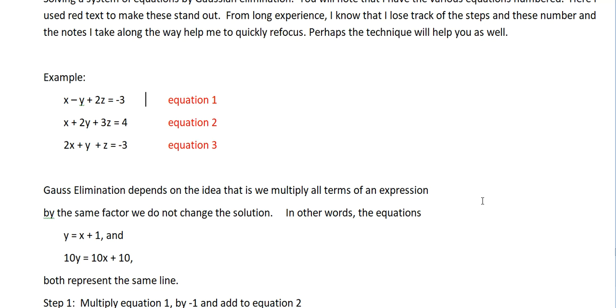Now, as I've said in the past, the key to getting good at math, or really anything, is to make a lot of mistakes, but make them only one time. One thing that's helped me to not make mistakes with Gaussian elimination is to number my equations. The first time we see an equation, I'll put it in red text just so it stands out.